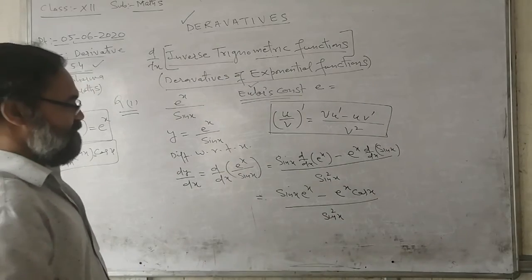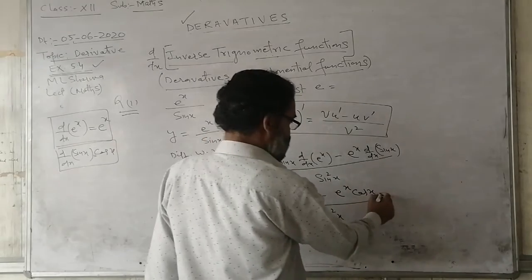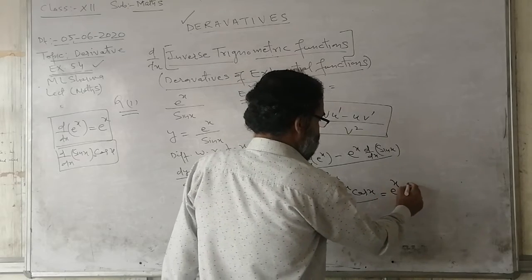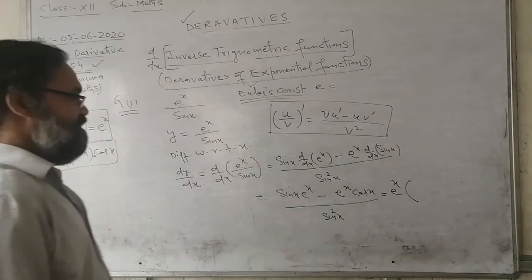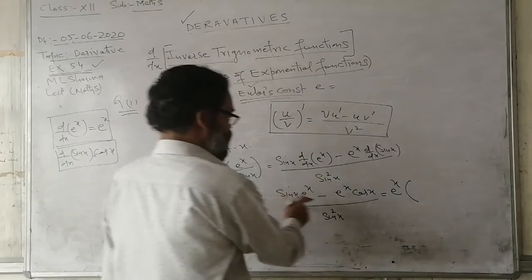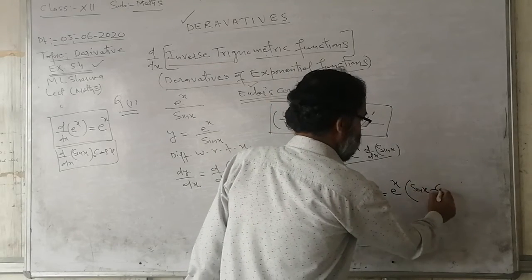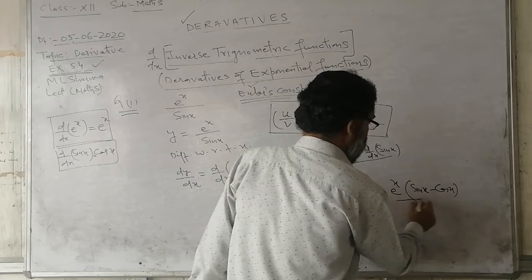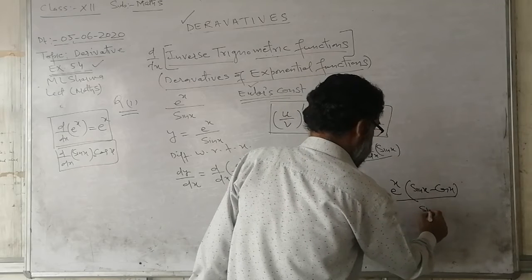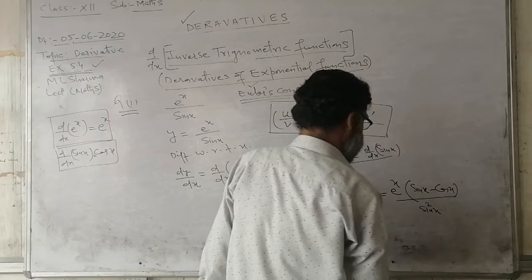Now I can take e raised to power x as common. If I take this as common, I will have sin x minus cos x upon sin square x.